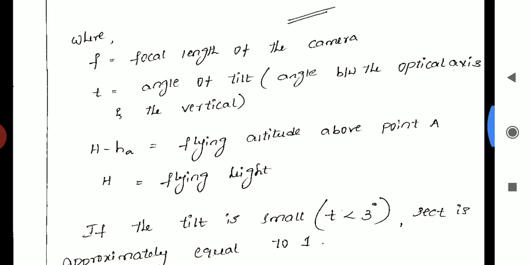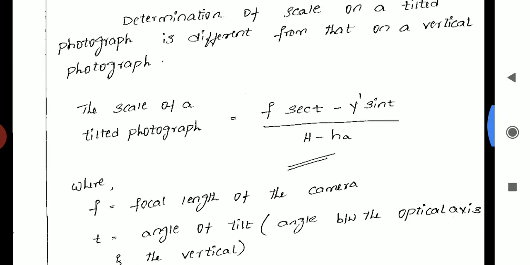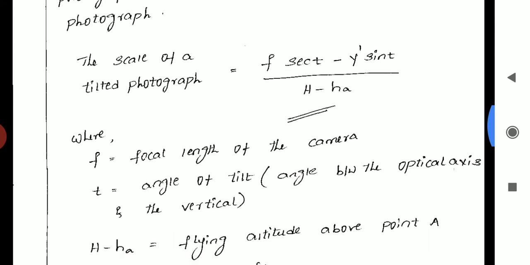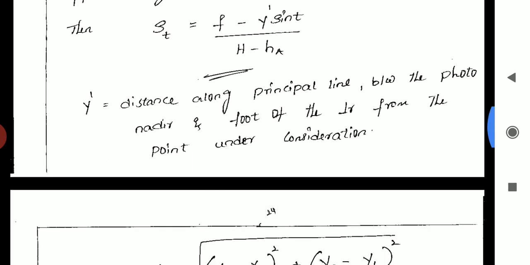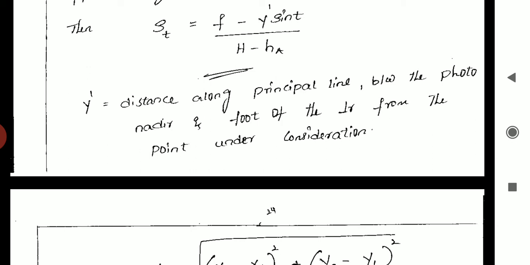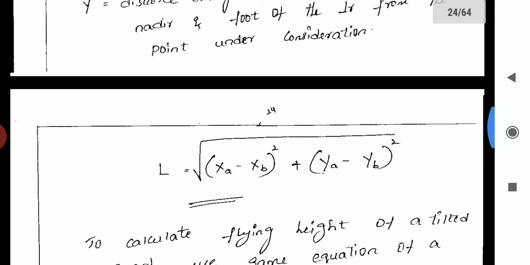So the formula: f sec t, where sec t is 1, so f minus y dash sin t divided by H minus ha. Here y dash is along the principal line between the photo nadir and the foot of the perpendicular from the point under consideration.